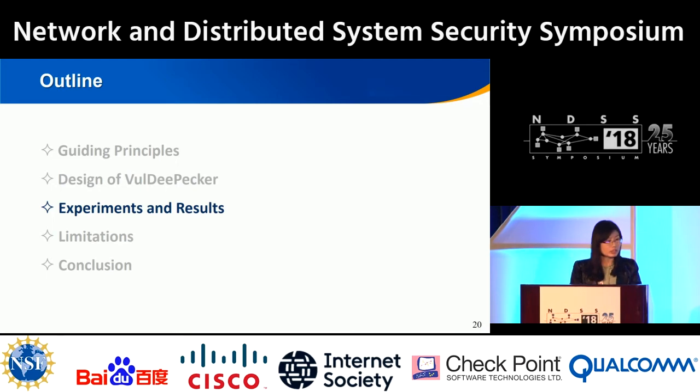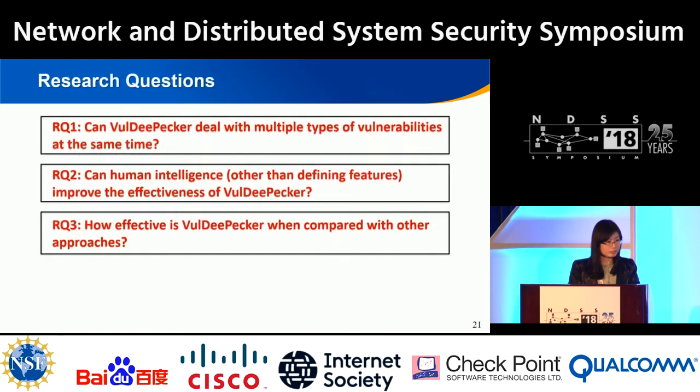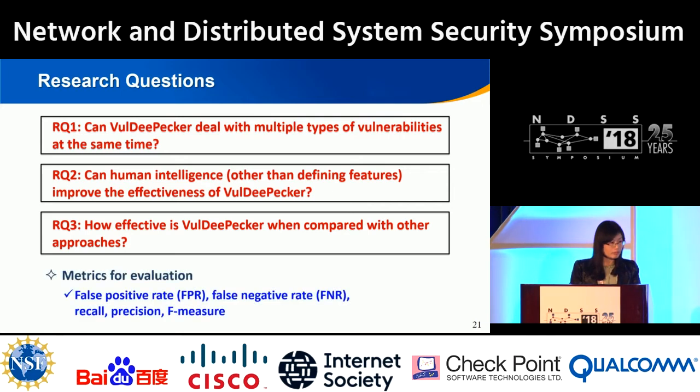Now let's show the experiments and results. Our study focused on 3 research questions. I will elaborate on each question in the following. In order to answer these 3 research questions, we use 5 metrics for evaluation.